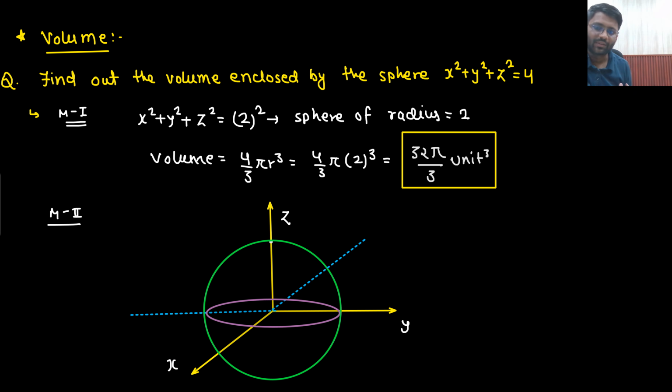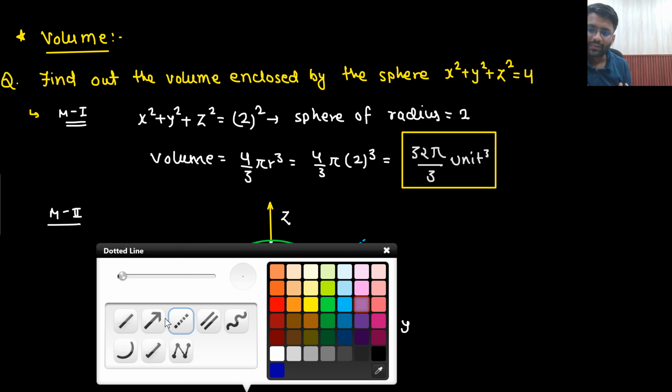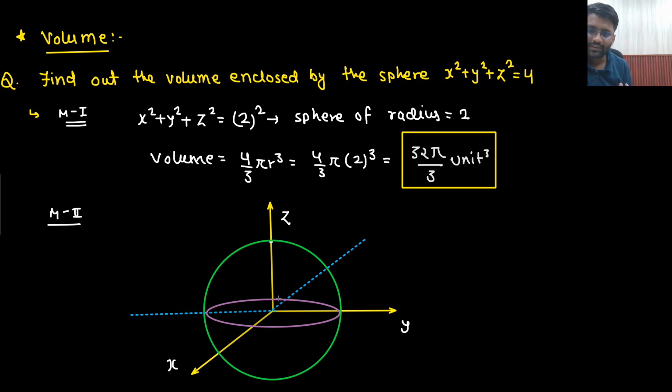So this circle I am showing is x square plus y square, and if you show the radius from here, the radius is nothing but 2. If you show this radius, this is also 2. If you show the radius downward, this is also 2. So all these are 2. So what is the radius? Radius is 2.